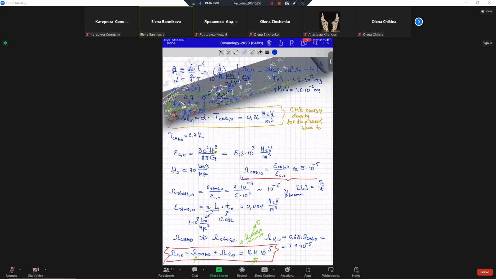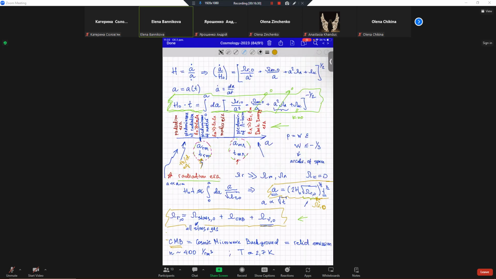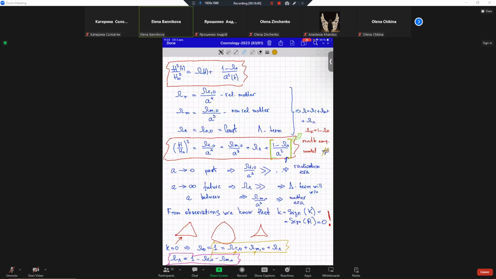For example, we can look at this equation above; you can make a reference to this equation. This is again related with k, the curvature, which we consider equal to 0. And this is exactly omega, which corresponds to the total relative energy density of the universe.